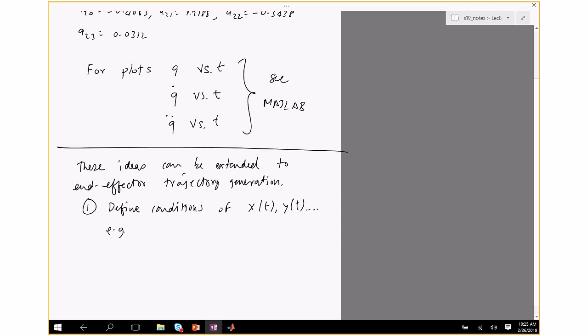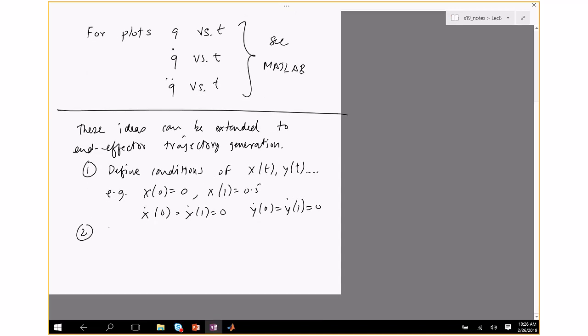An example would be x of 0 is 0, x of 1 is 0.5, x dot 0 equals x dot 1 equals 0, y dot 0 equals y dot 1 equals 0, and so on.